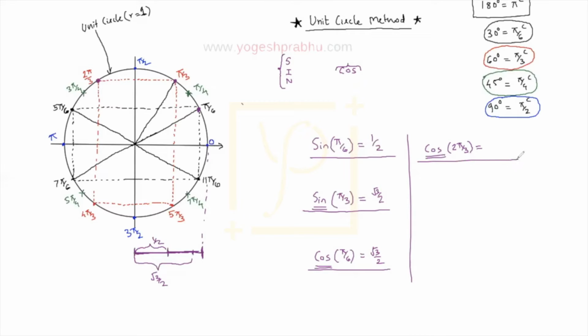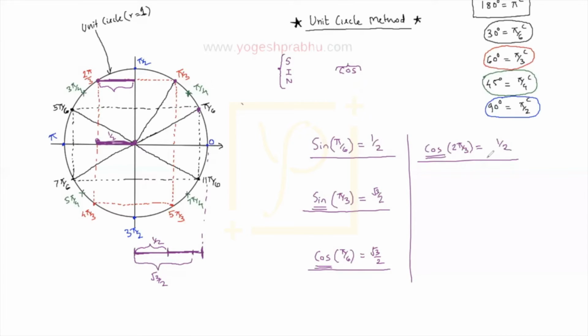And as per what I told you, cos is a horizontal measure, or a horizontal distance. So this much distance you will take. Now if you want to measure this distance, you can just see it is the same as this distance. And this horizontal distance is half of the full thing. Yes or no? So what is going to be the answer of cos of 2 pi by 3? It is half.